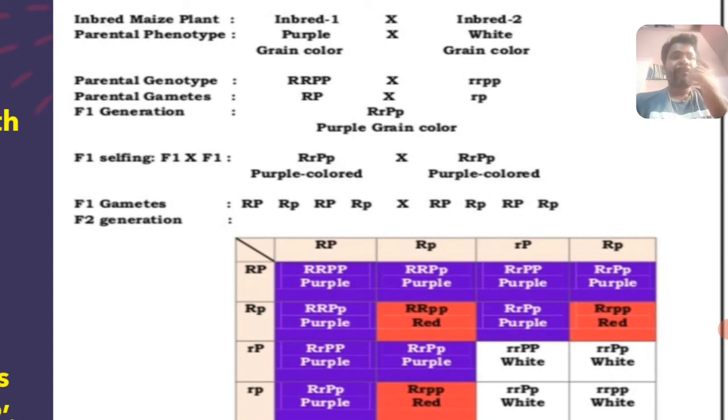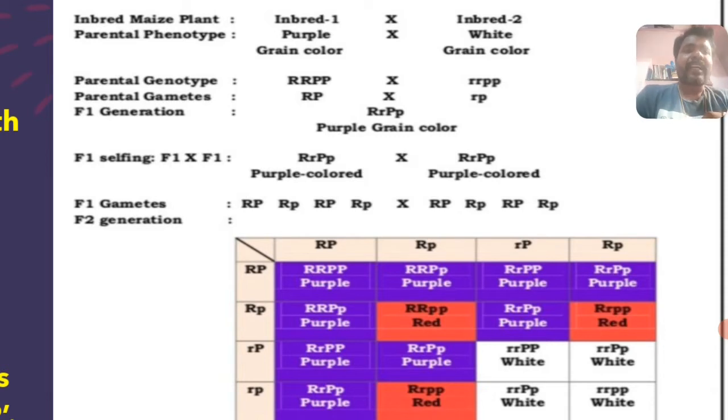Here the inbred one is a purple grain. See the slide carefully. Inbred 1 and inbred 2 are crossed with each other. One has purple grain color, homozygous capital RR, capital PP, and the other has white grain color, small rr, small pp.